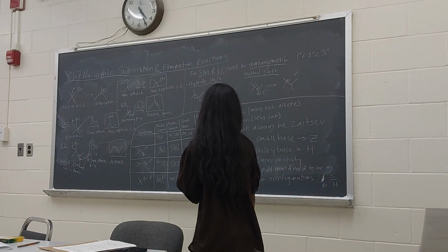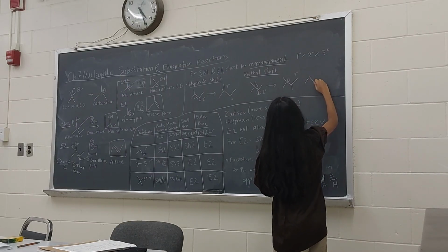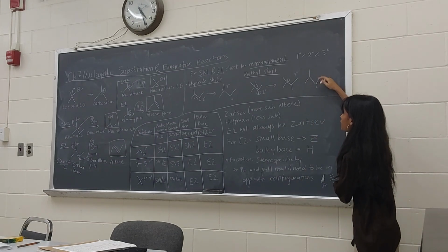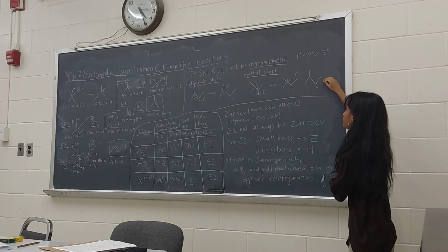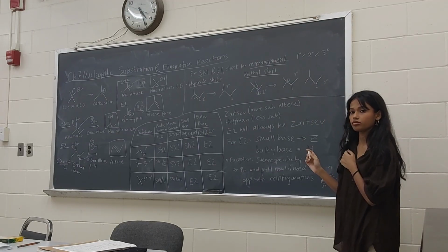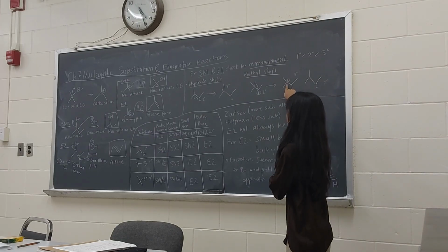What do primary, secondary, and tertiary mean? The carbocation is on this carbon, right? And this carbon is attached to two other carbons. So that's secondary. Does it only count carbons? Yeah. This over here is attached to three carbons, so it's tertiary.